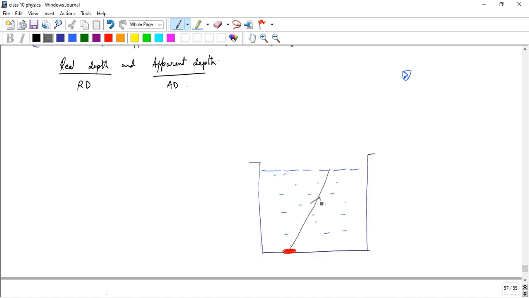There's an incident ray, and this is the line of incidence and that is the point of incidence. Here we draw a normal.